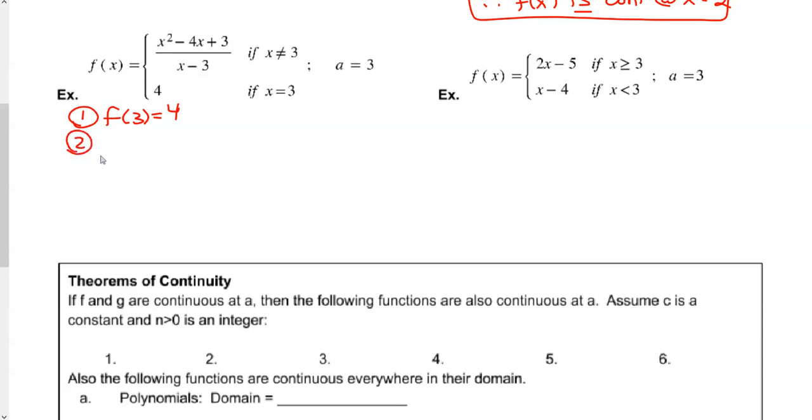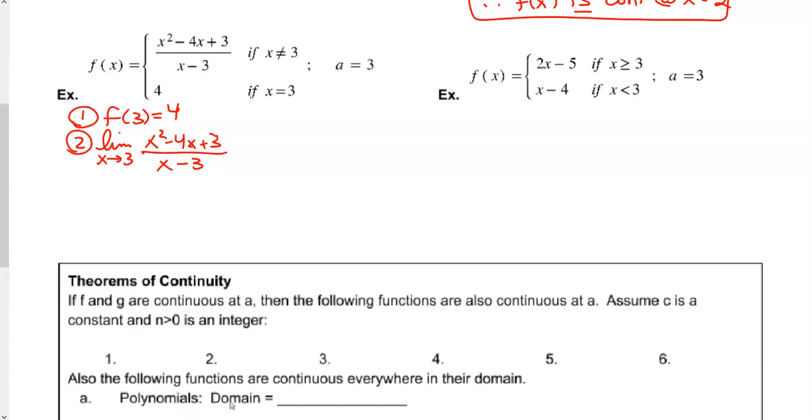The second condition, I need to look at the limit as x approaches 3 of x squared minus 4x plus 3 all over x minus 3. So I have to determine, can I plug 3 in? Well, the answer is no, because in the bottom I get a 0. In the top I get 9 minus 12 when I multiply 4 times 3 plus 3 gives me 0 over 0.